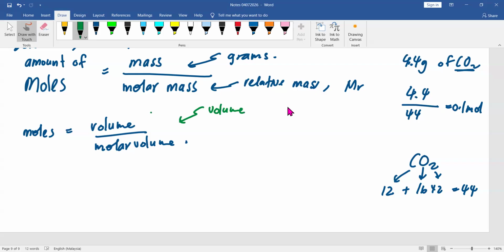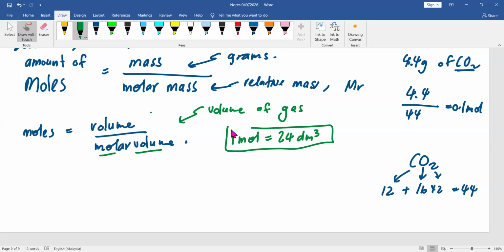Not just gas, but a volume of gas. The molar volume is a fixed amount. 1 mole of any gas equals 24 decimeter cube. This is called the molar volume of gas.